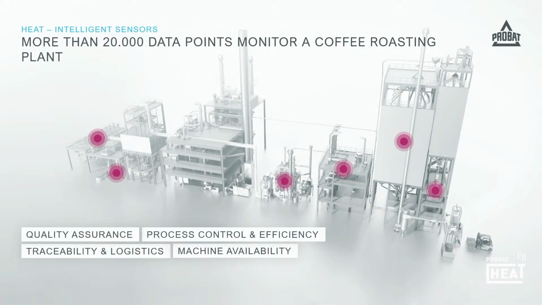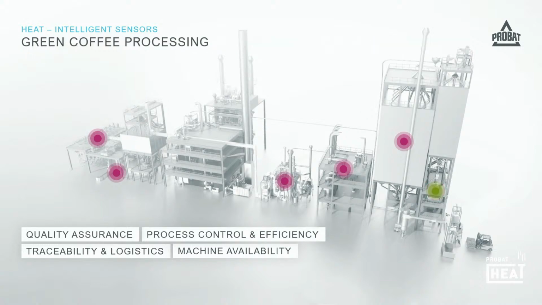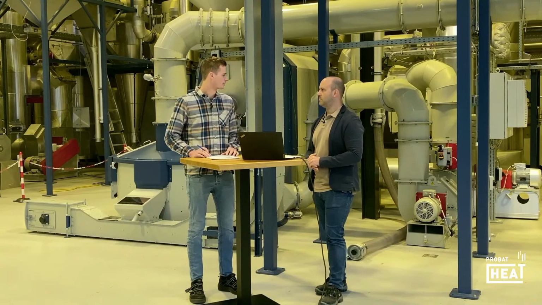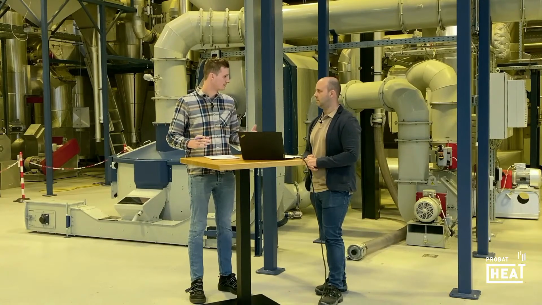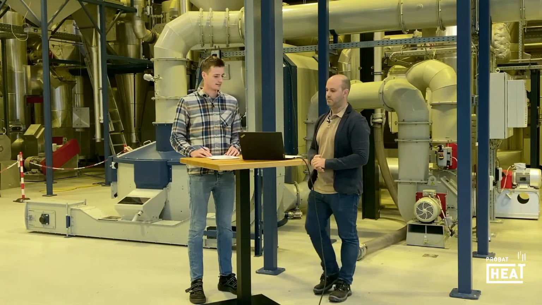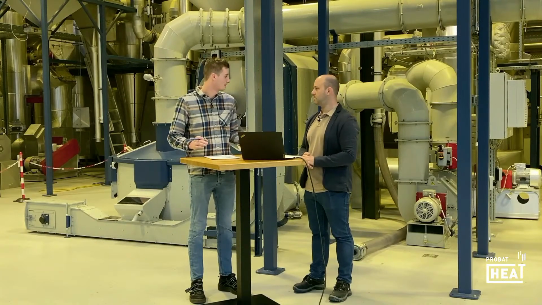Thanks for the great introduction, and not only showing us the process behind the whole plant control system and why we do everything, and the four pillars of quality assurance, process control, logistics and machine availability, which are the key of operation inside the whole plant.